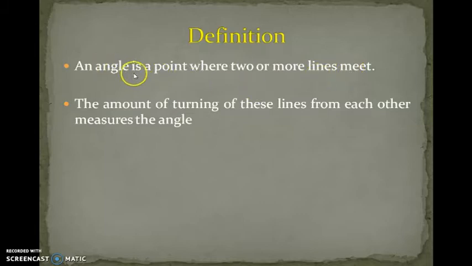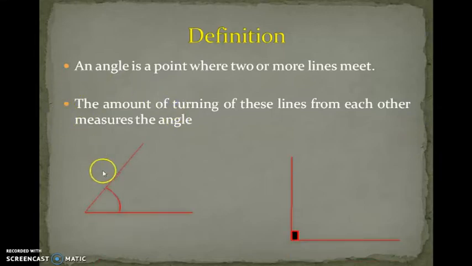That means for an angle to be formed, there must be at least 2 lines meeting at a particular point. Now the amount of turning of these lines from each other measures the angle. The amount of turning, that is the way the lines move or rotate over each other, forms the angle.